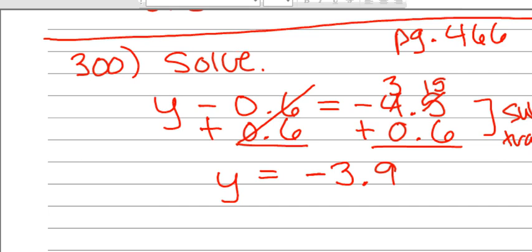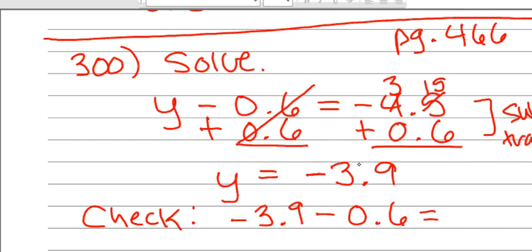And if I check that, negative 3.9, does negative 3.9 minus 0.6 equal negative 4.5?